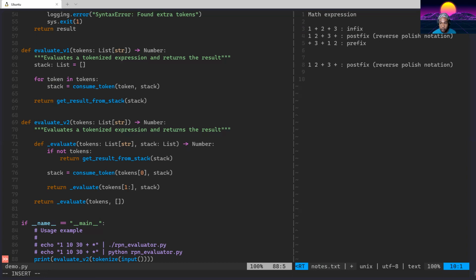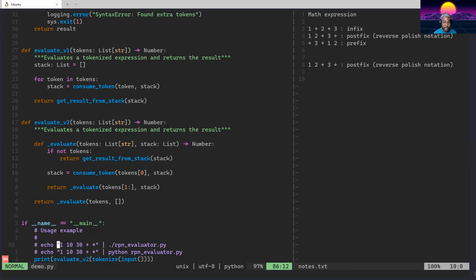So what is this RPN evaluator going to do, and how does it work? Well, we can see some usage examples here. If you're not familiar with the Unix command line, this echo bit here simply means print.